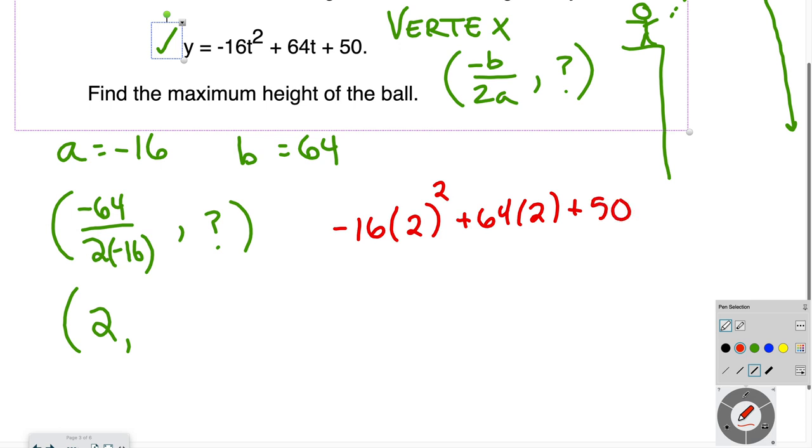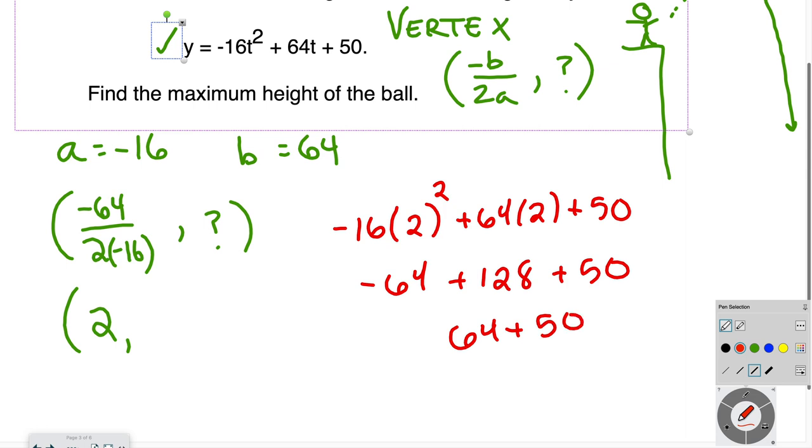Negative 16 times 4 is negative 64, plus 64 times 2 is 128, plus 50. Leaving us with 64 plus 50, or 114. So the vertex is (2, 114).